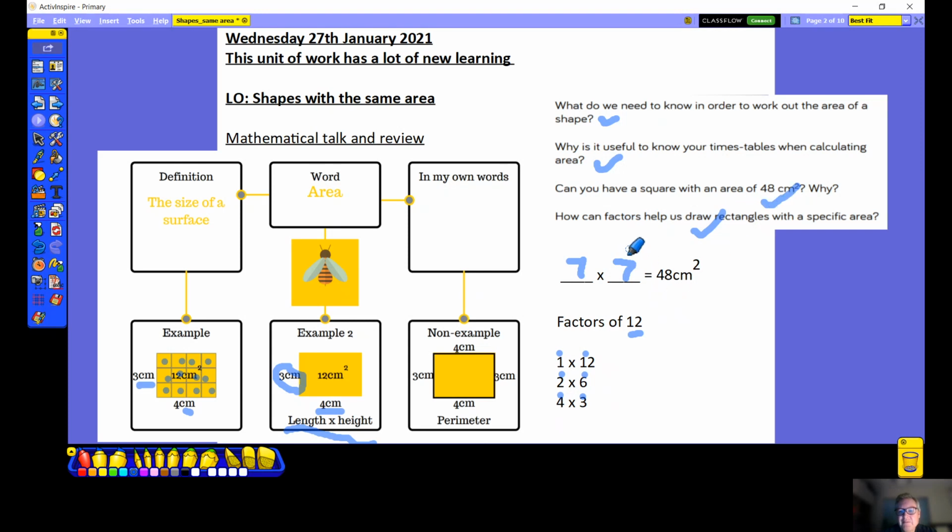Well, who needs to do a bit of work on their times tables? 7 7s are 49. So 6 6s 36, 7 7s 49. I've gone over it. So it's not possible. Well spotted. Thank you for picking that one up.